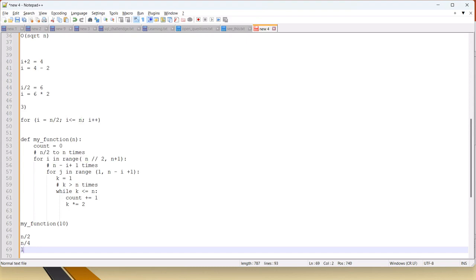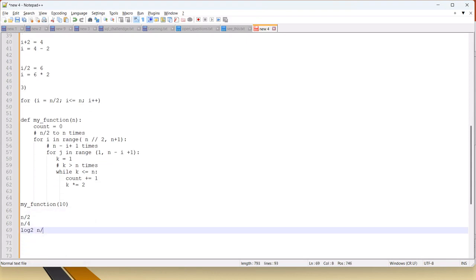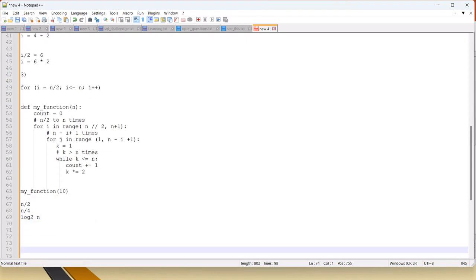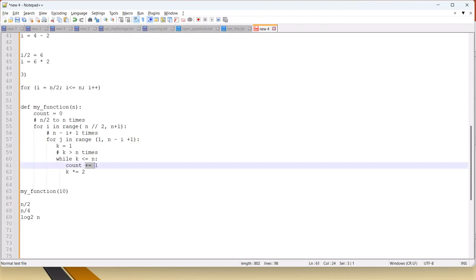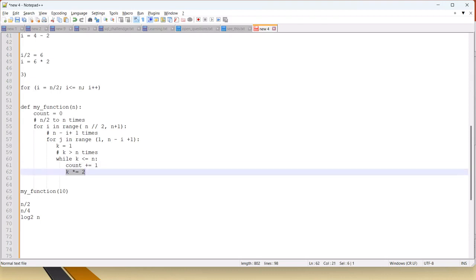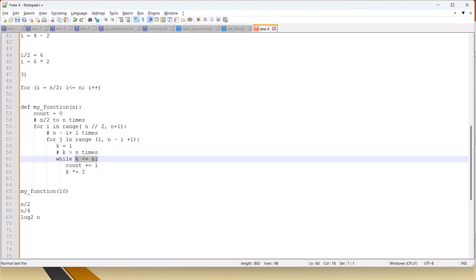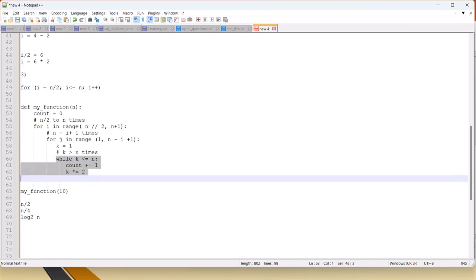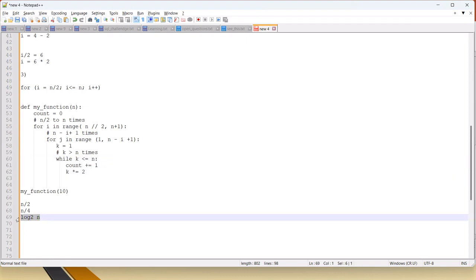We have already seen that in yesterday's example, if you remember: the complexity of a while loop when you are just incrementing by 1. Here we are doing k equal to k into 2, so we are doubling k each time. For this the complexity is log base 2 of n. Log 2 n we call it.